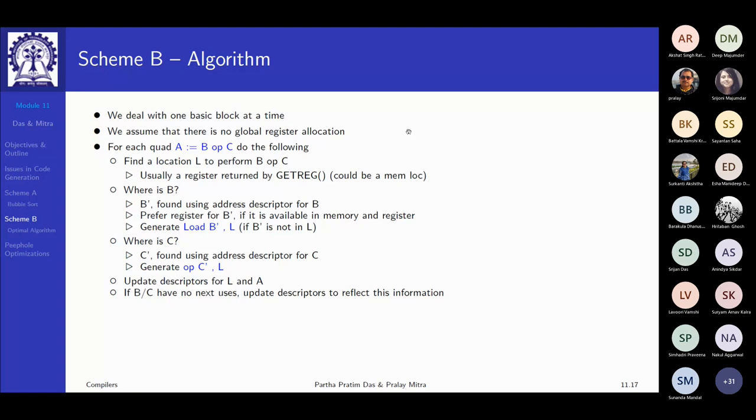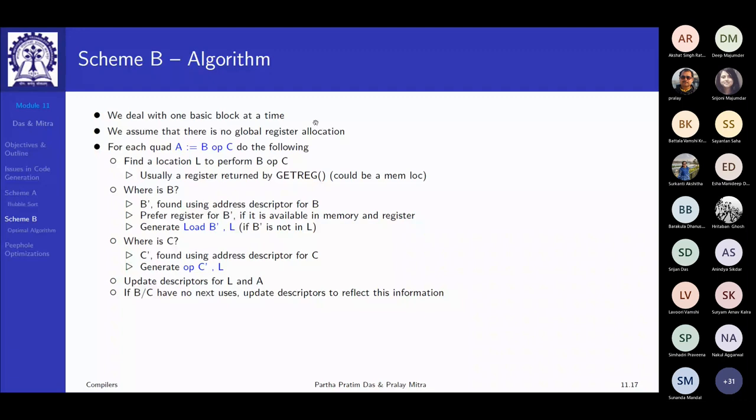Now we will deal with the actual core of the algorithm. We will deal with one basic block at a time, and we assume that no global register allocation has been done. Here, the register allocation and code generation will be done together in a way.